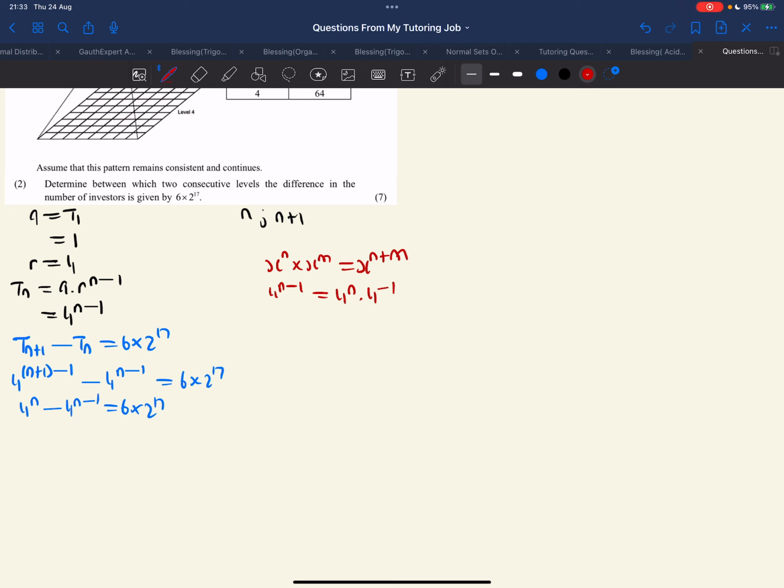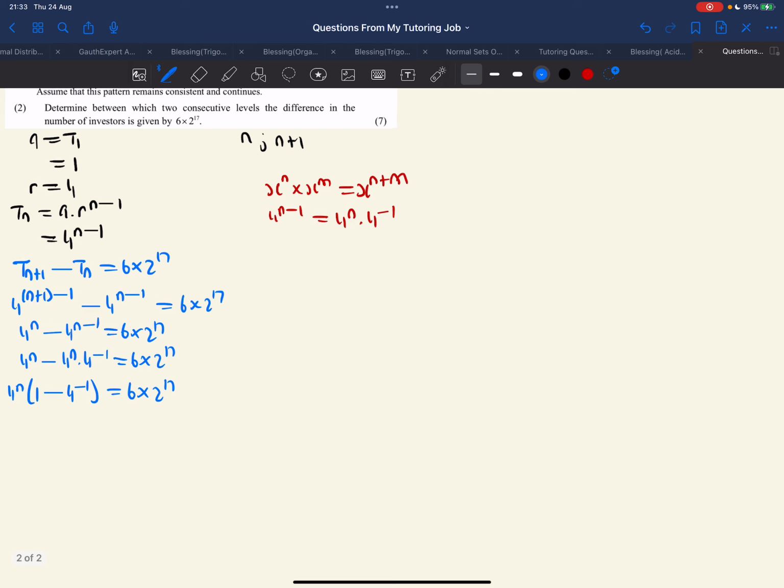So we have 4 to the power of n minus 4 to the power of n times 4 to the power of minus 1 equals 6 times 2 to the power of 17. Now we can take out 4 to the power of n as the common factor, and then say 1 minus 4 to the power of minus 1 equals 6 times 2 to the power of 17.